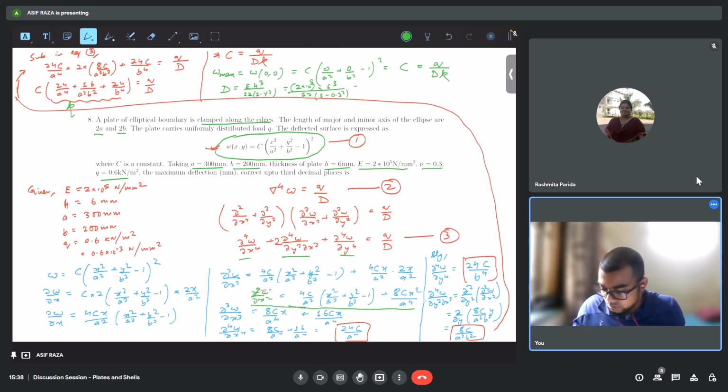Let's do this. So this gives me 2 into 6 cube divided by 0.81. So this gives me 4.44 into 10 power 6.